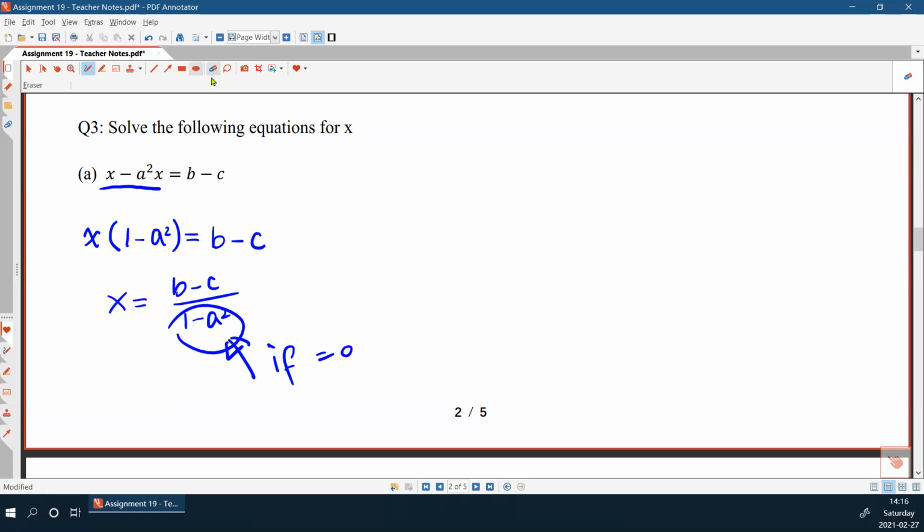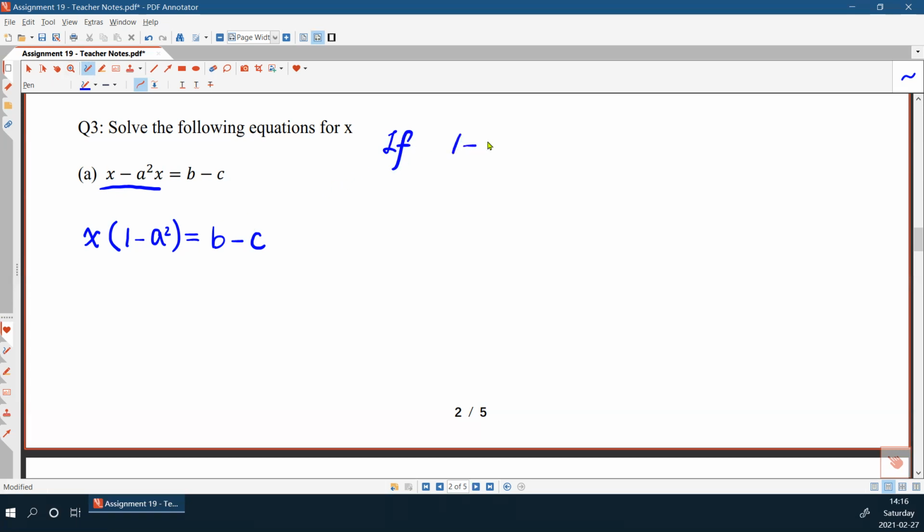So before you use it as denominator, always remember to discuss if this value is 0 or not, okay? So pay attention to this. So we need to discuss if this value is 0. So that means if 1 minus a squared is 0, in that case, that means when a is positive 1 or negative 1.